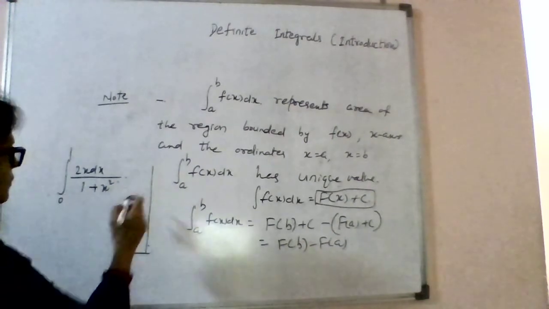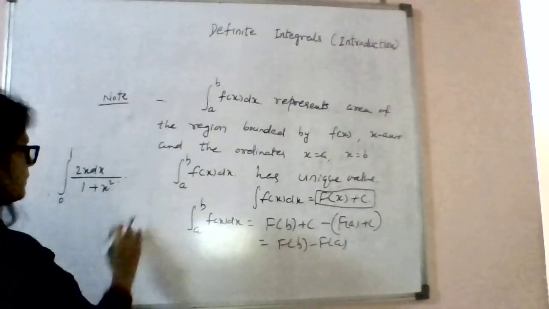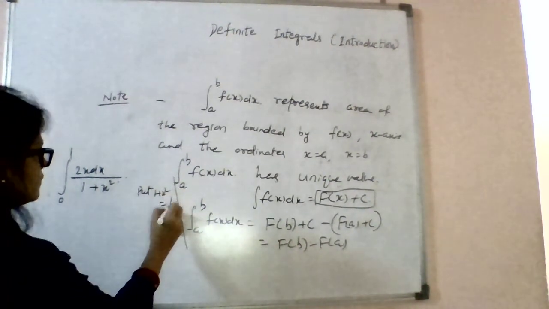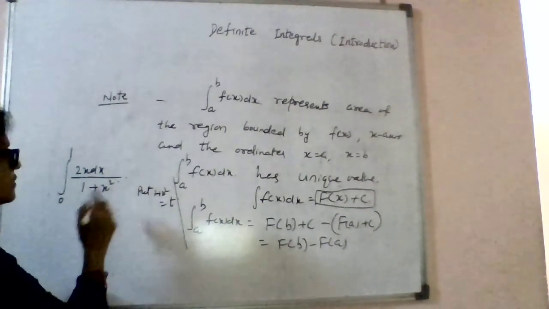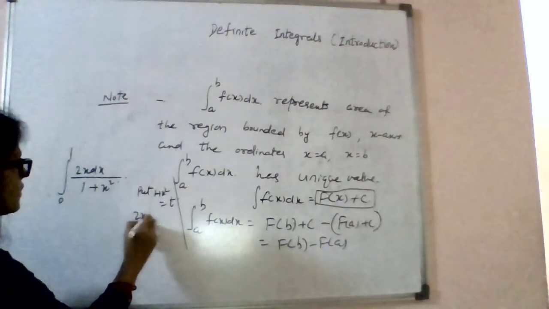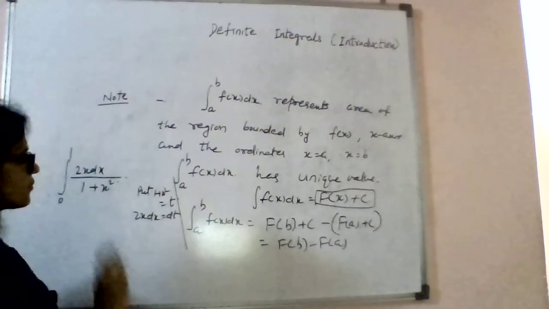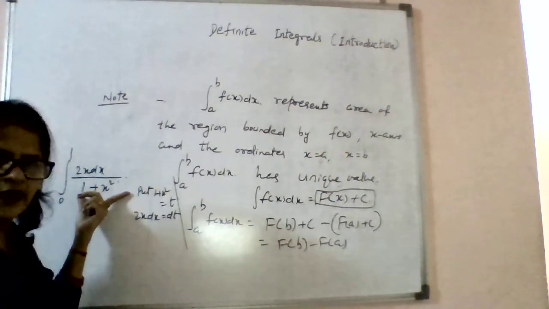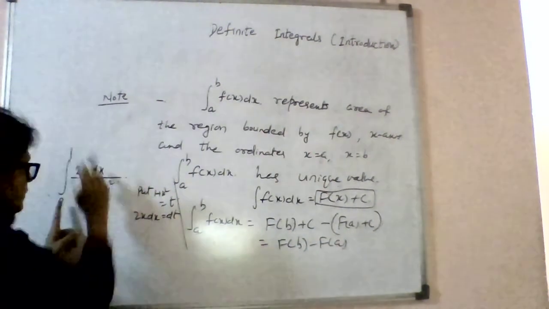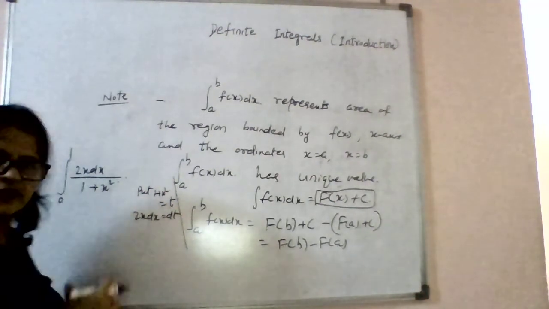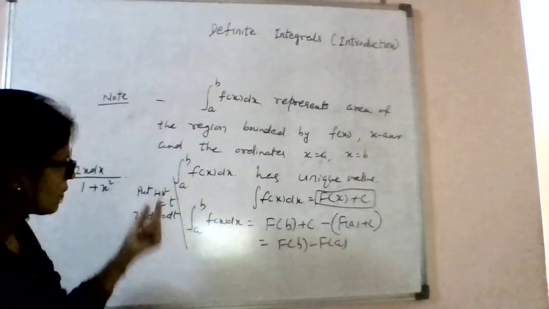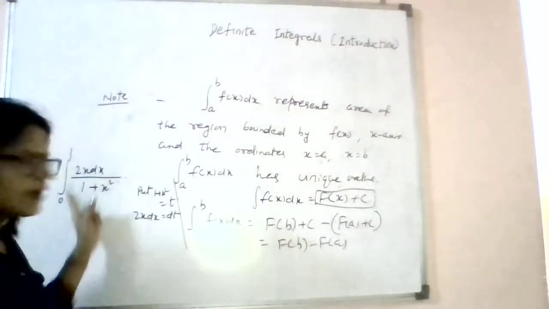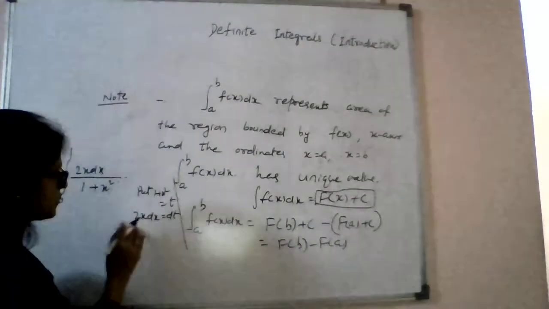If I put 1 plus x square equal to t, I am changing the variables, so 2x dx equal to dt. The limits are such that x belongs to the closed interval [0, 1]. Now I am changing the variable x to t, so the limits have to change.